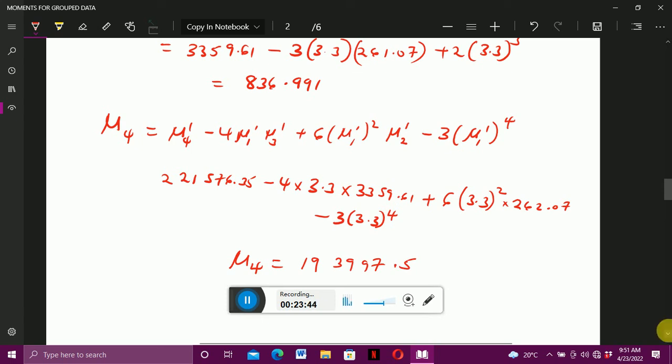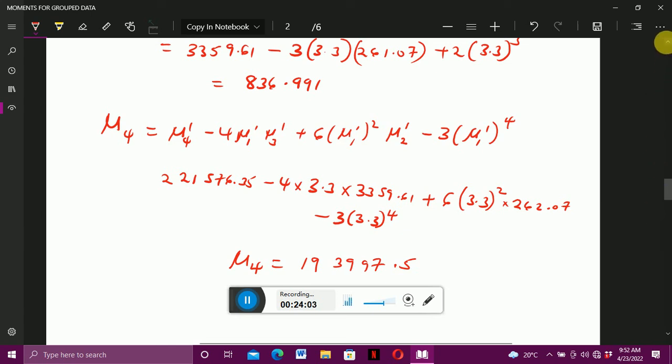So we have been able to get, for some grouped data, the first 4 moments about a point, which have helped us to get the first 4 moments about the mean.